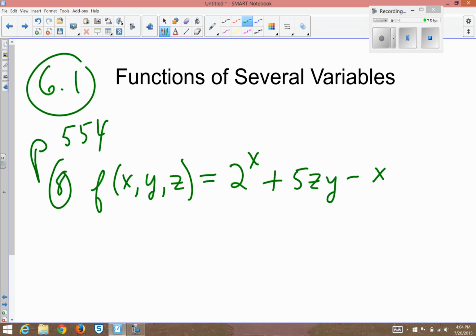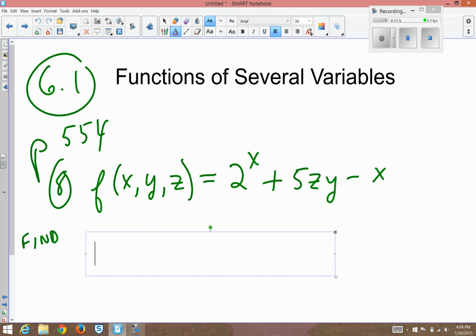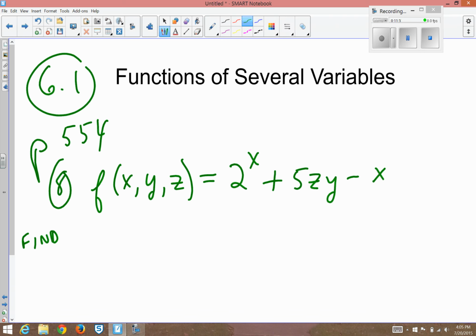It says find, so what I wrote up here is given, find f of 0, comma, 1, comma, negative 3.